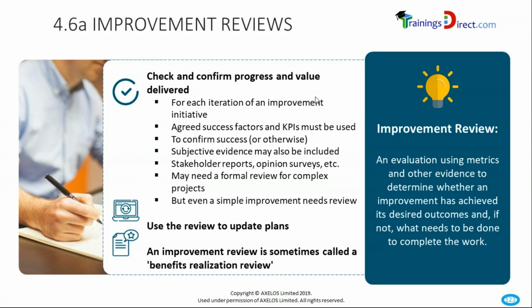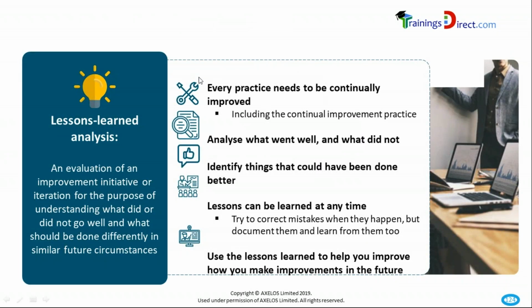And as part of that, there's also lessons learned analysis. An evaluation of an improvement initiative or iteration for the purpose of understanding what did or did not go well and what should be done differently in similar future circumstances.